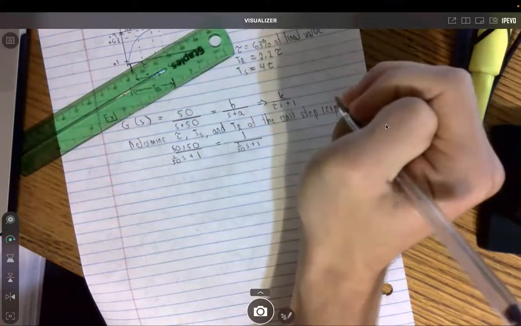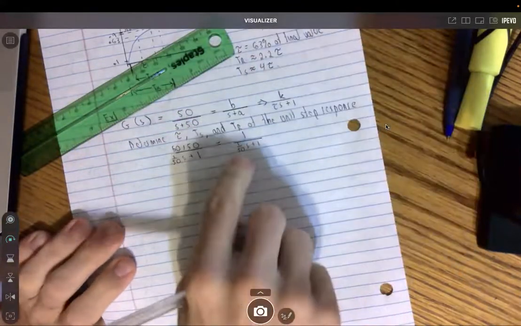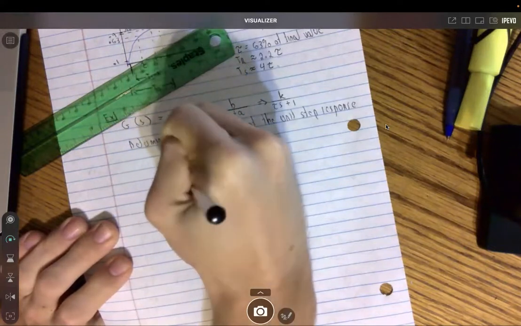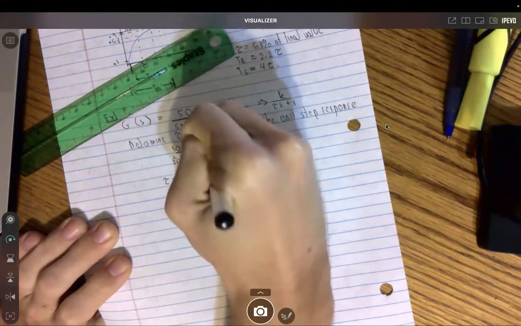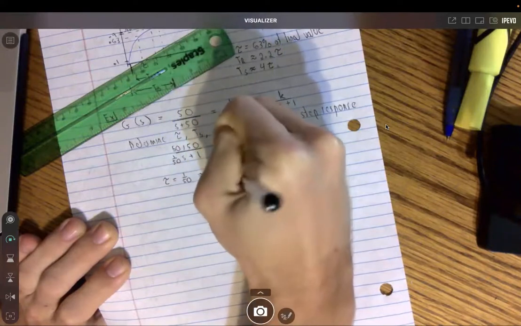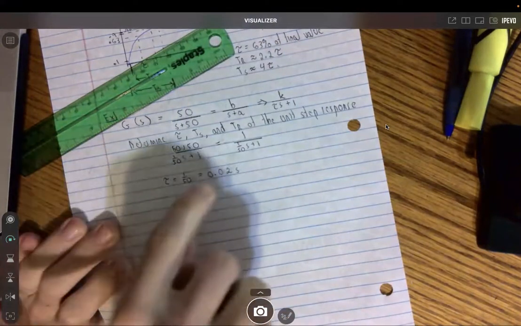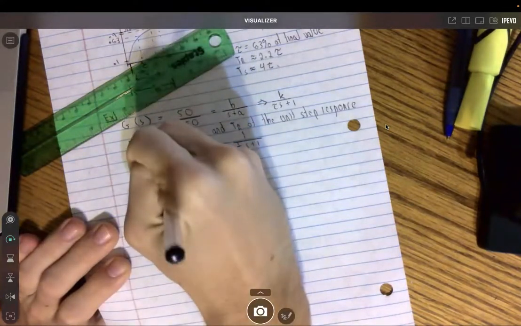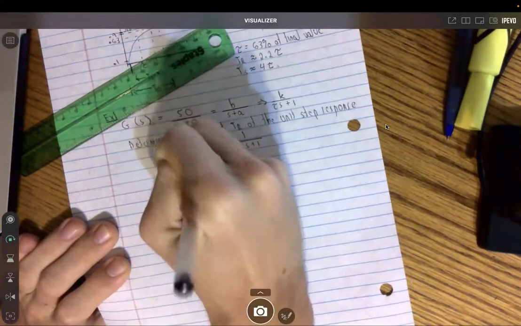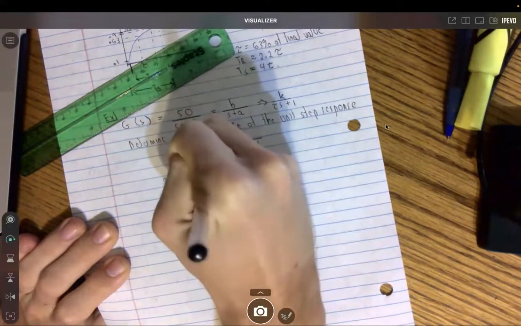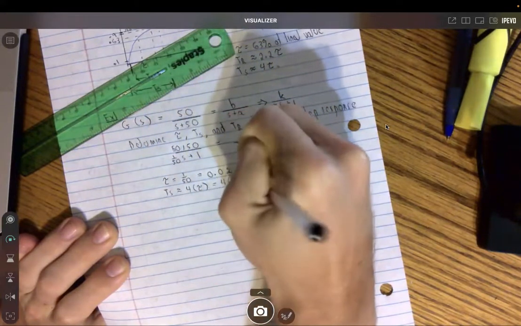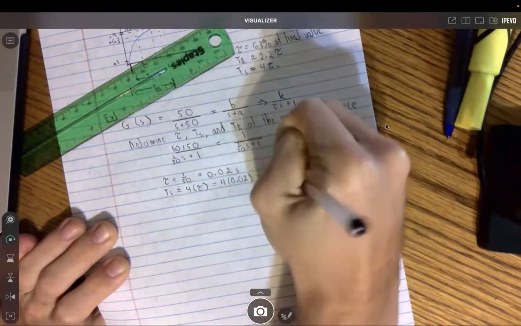And so what we're going to see is our tau here: tau equals 1 divided by 50, which is equal to 0.02 seconds. Then the settling time, which is approximately 4 times tau, is 4 times 0.02, so that's 0.08 seconds.